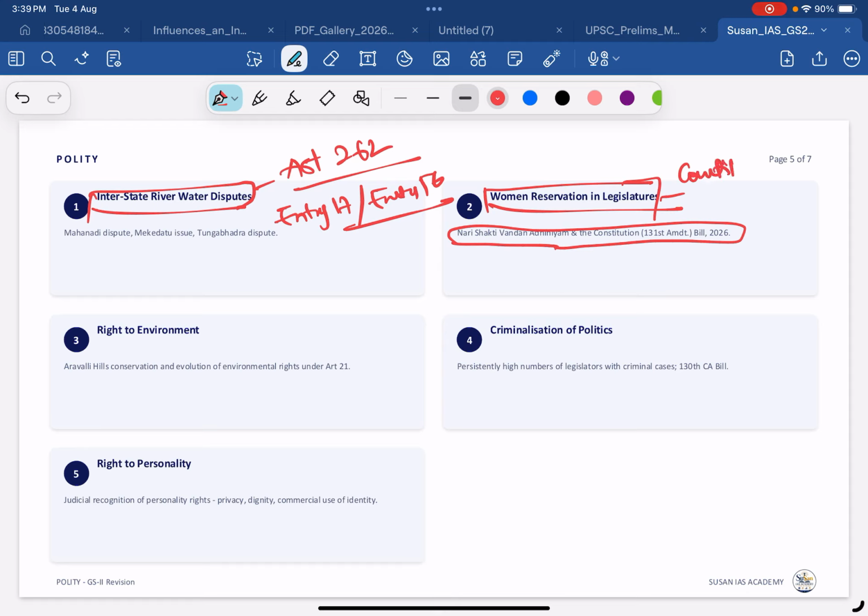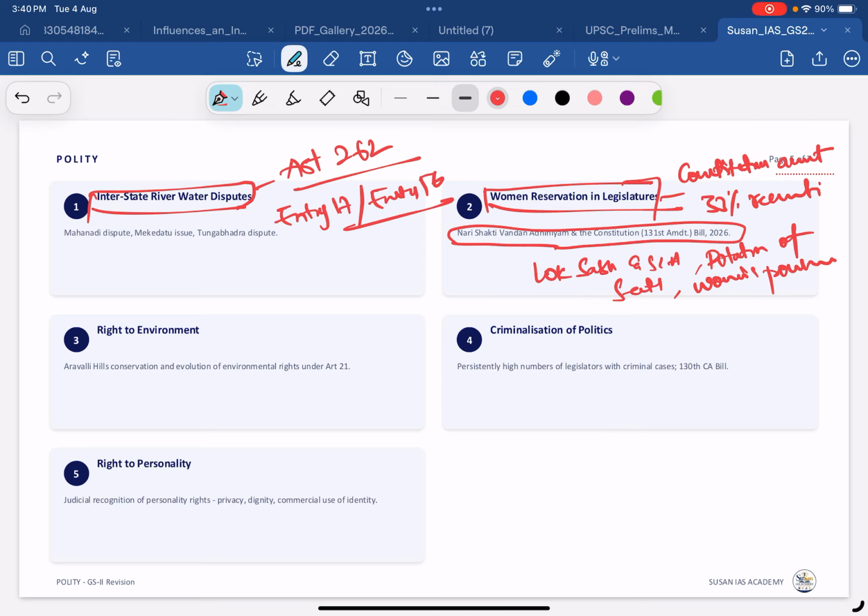Recent constitutional amendment, 33% reservation, Lok Sabha and state assemblies, rotation of seats, women's political representation, arguments and limitations.